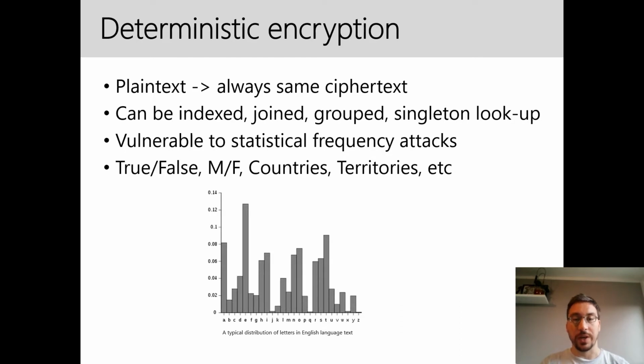For example, in this graph, we have a typical distribution of letters in an English language text, and we can see that letter E occurs much more often than, for example, letter B. And you have for example, countries in your database, and they are encrypted with deterministic encryption. And your major client is, say, in the United States or in the UK, you can guess that from that data. You don't know the actual value, but you can guess it with high probability of being correct.